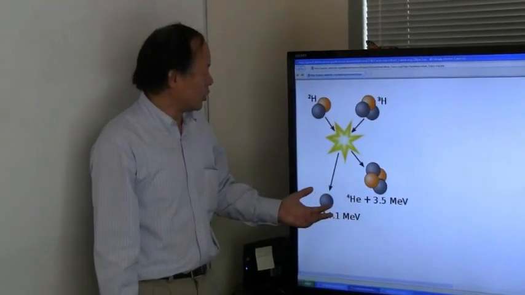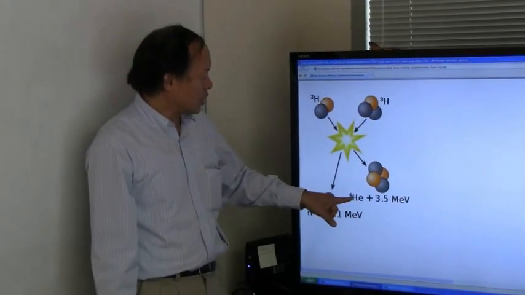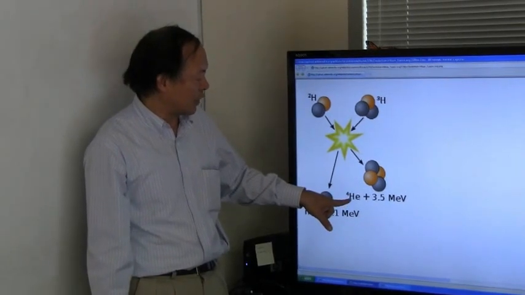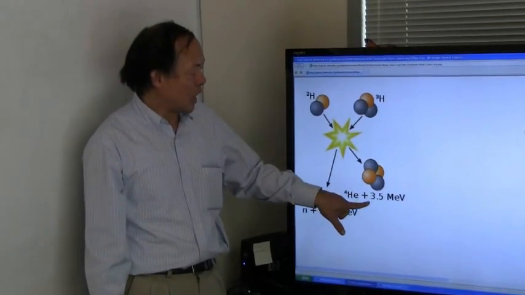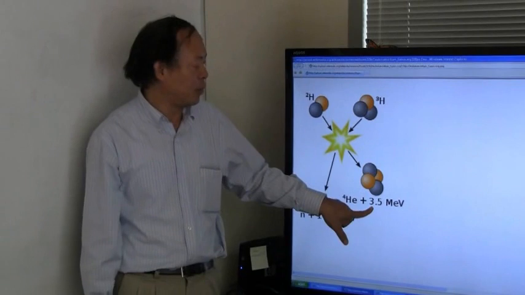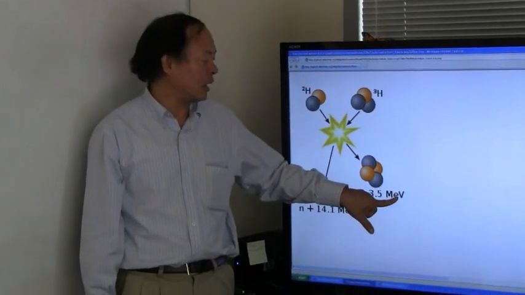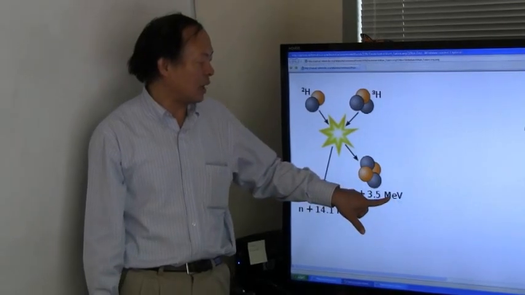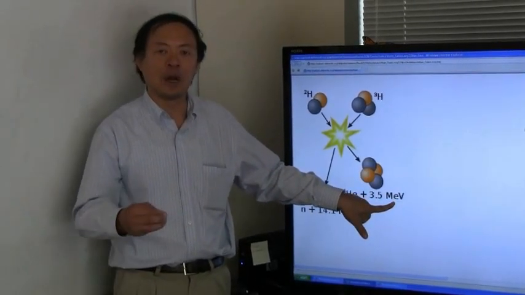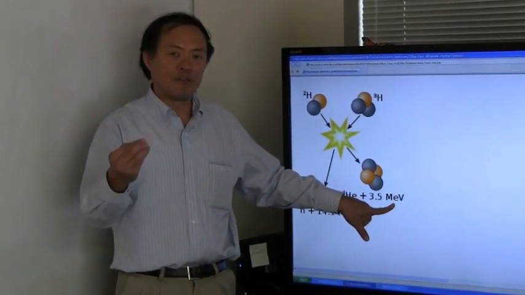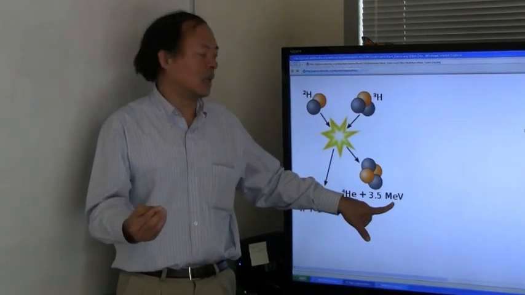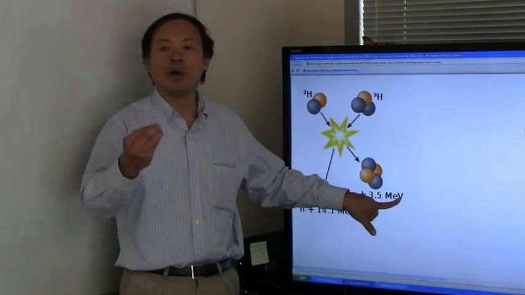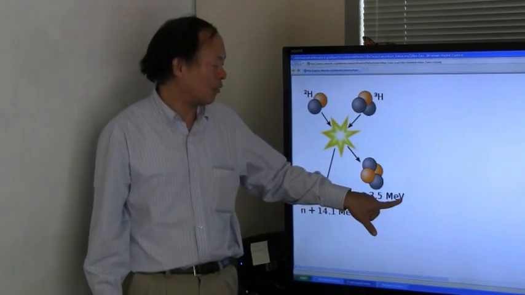Altogether, what you have is the formation of a helium-4, which carries 3.5 million electron volts. An electron volt is the amount of energy that an electron will give or acquire as kinetic energy as it moves through a voltage potential of 1 volt.